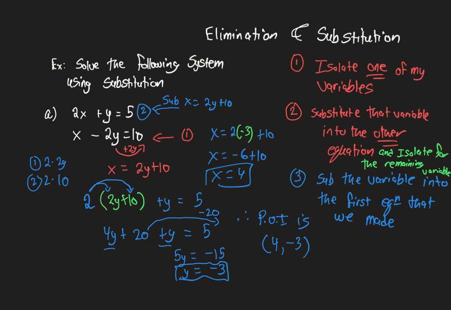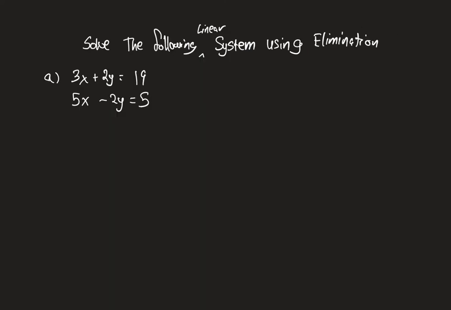Now I'm going to be showing you the steps of how you would solve using elimination. Okay, so in this next problem here, we're going to be solving this equation using elimination. So our first step, always when you want to do elimination, just like we said in our other video, is you're going to choose the variable that you want to eliminate.